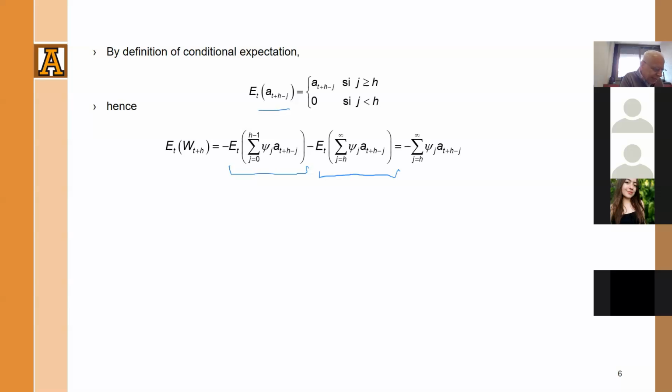And remember that the first is what we do not know. This is the future, and the second represents the past, the past and today, let's say. Since the process is stationary, the sum of psi j's will converge, so that will be the sum of these expected values, and the future term disappears because its expected values are 0. Okay.